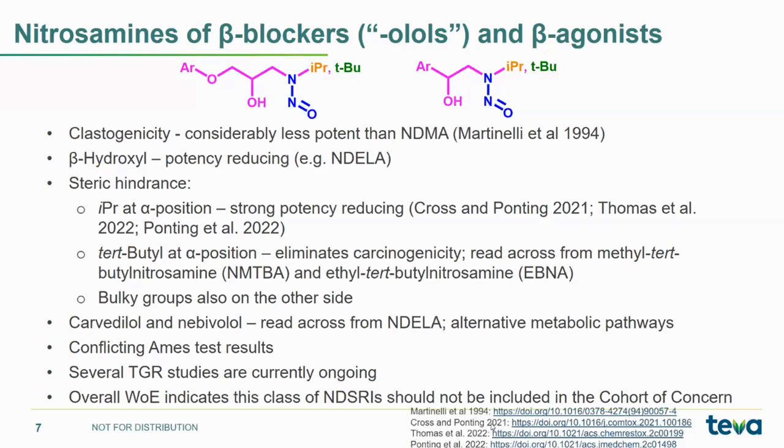However, several TGR studies are currently underway, which will hopefully elucidate this whole class. The expectation is that the deactivating features are going to show them to be either non-mutagenic altogether, or if at all, of weak potency. And here again, the overall weight of evidence indicates that this class, both the beta blockers and beta agonists, can be excluded from the cohort of concern.